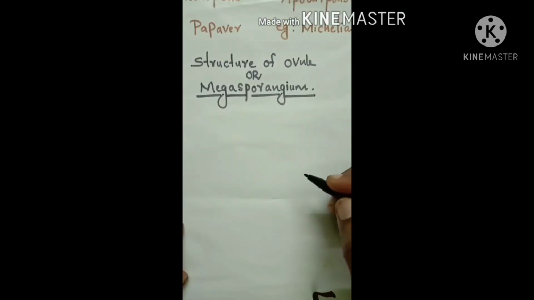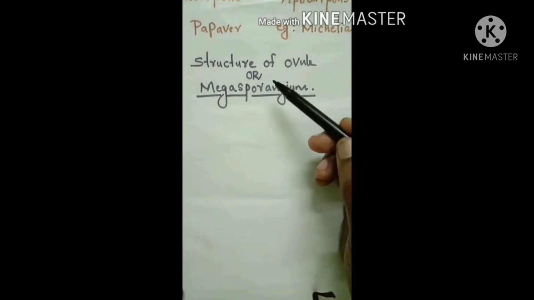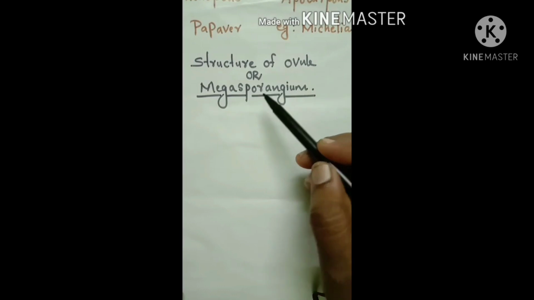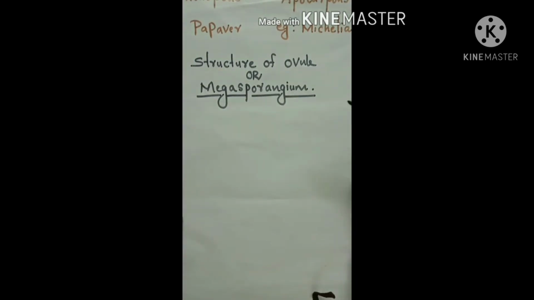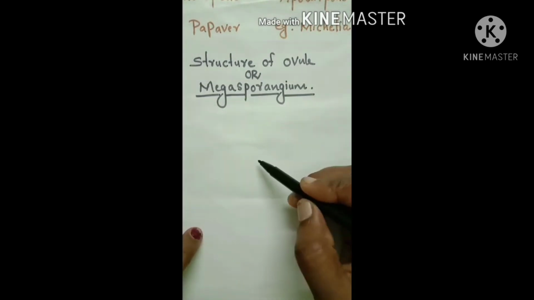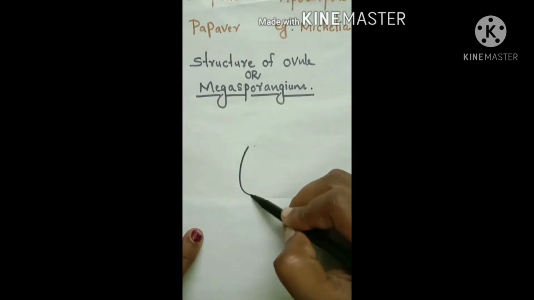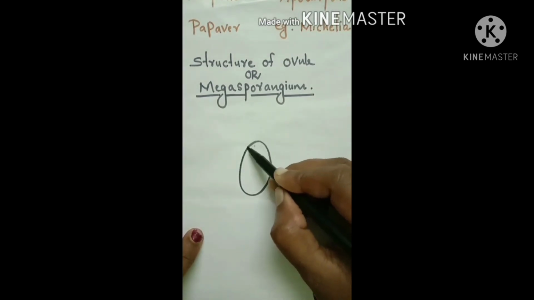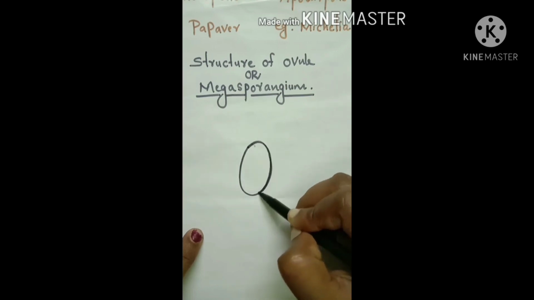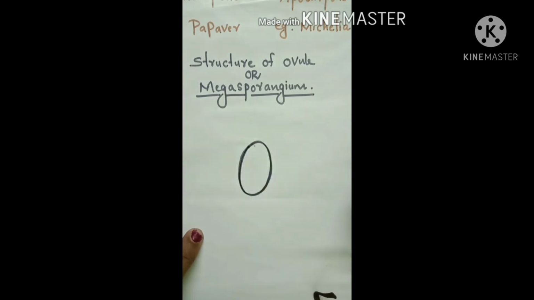So next we can study how to draw the structure of ovule or megasporangium. Ovule is otherwise called megasporangium. Each ovule or megasporangium has a central mass of cells. The central mass of cells is called nucellus.